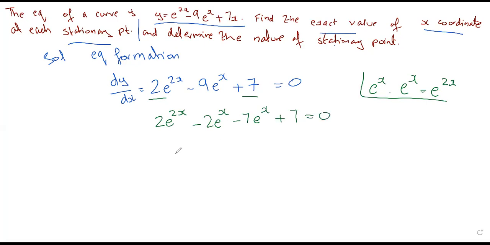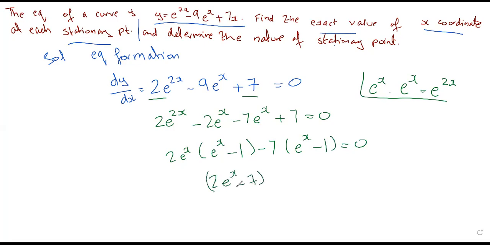And 2 e to the x minus 7, e to the x minus 1 equals 0.